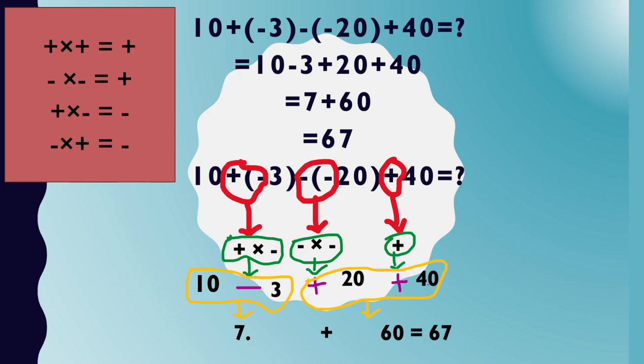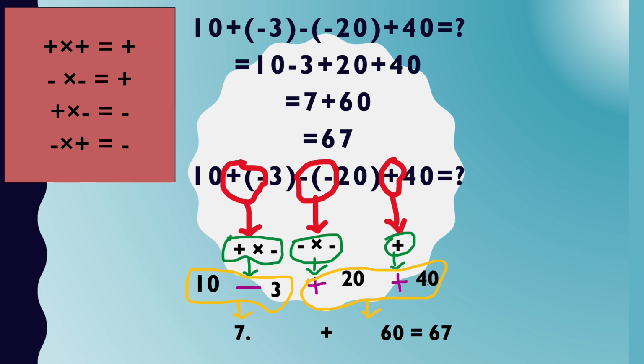Now I want to find out what the sign is between 20 and 40. No complication, it's just simple. It is only plus. Do I need to multiply by anything? No, because it's just plus. Then I write it here as plus.